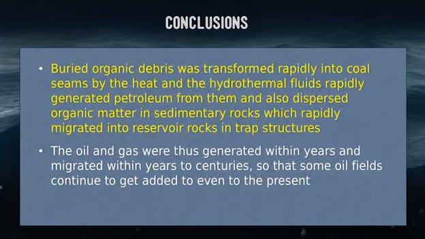Some of this buried organic debris was also not only transformed into coal, but by heat and hot water rapidly generated petroleum from them, and also petroleum was generated by the heat and hot water from dispersed organic matter in sedimentary rocks. And these rapidly migrated into reservoir rocks and trap structures.